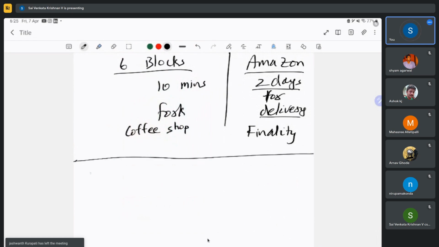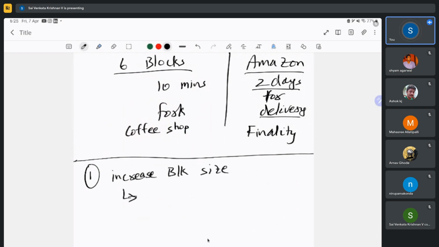Okay, so we looked at the first way, increasing the transaction throughput by increasing the block size. If we increase the block size, your validation time increases. Once your node generates a block, it has to propagate that block to all the other nodes in the network.